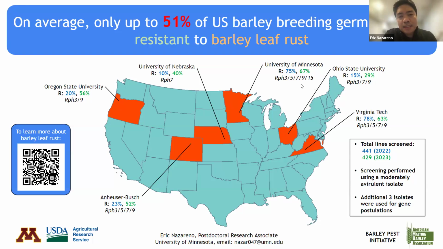That means resistance genes on the West Coast may not be effective on the East Coast and vice versa. If you want to know which genes are still effective in your region, you can check the QR code, which contains the link to a recently published paper about the virulence dynamics of Puccinia hordei here in the United States. Next slide, please.